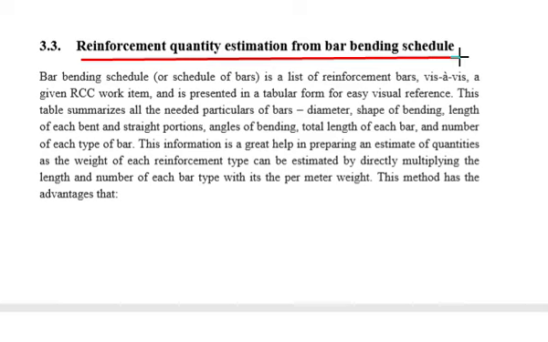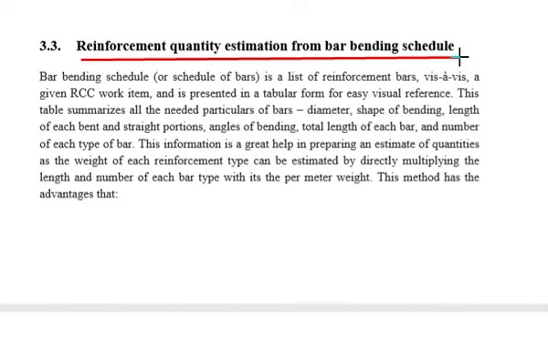This table summarizes all the needed particulars of bar diameter, shape of bending, length of each bend and straight portion, angle of bending, total length of each bar, and the number of each type of bar.